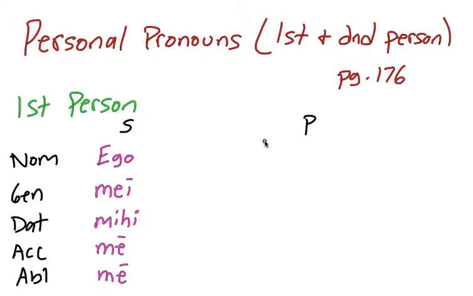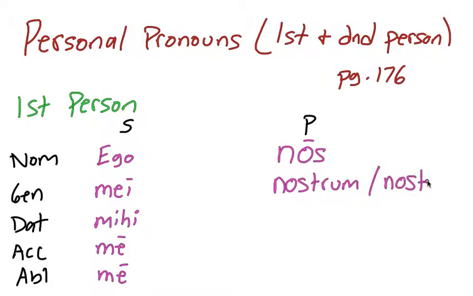And then in the plural it changes to nos, N-O-S, and then the genitive actually has 2 forms. There's nostrum, and there's also nostri, and I'm going to explain later in the chapter why there are 2 different forms for the genitive.